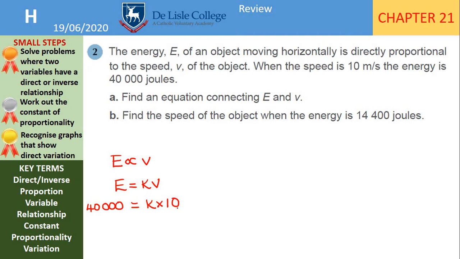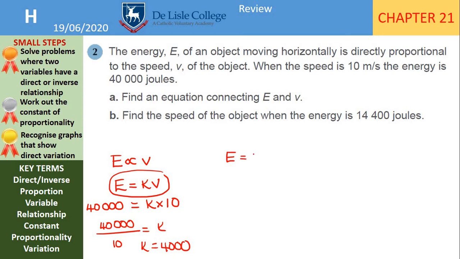Now I can work backwards to get what k is, so 40,000 divided by the 10 would give me k, so k in this instance must be 4,000. So putting that back into my formula, I've got that the energy E is equal to 4,000 multiplied by the speed.